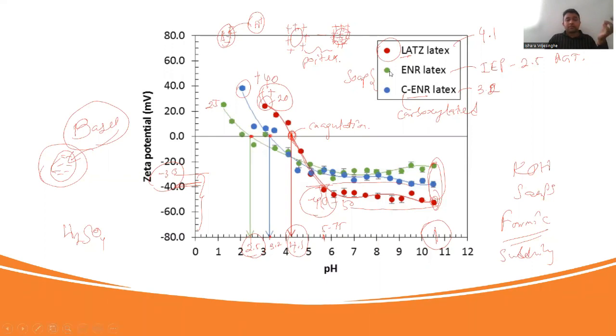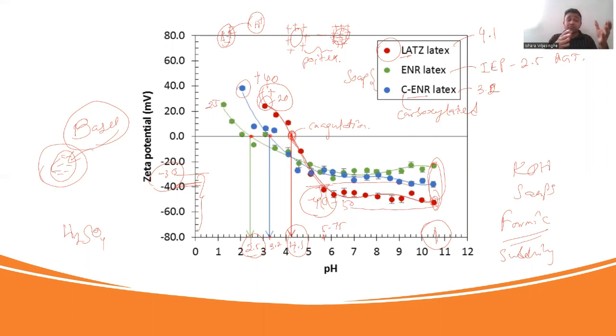But if I do this slowly, at this point it will coagulate completely. Later I will add acid, but that will decrease the pH value of the water phase, and not the zeta potential of the rubber. It is already coagulated. Can we increase the zeta potential of the coagulated material?